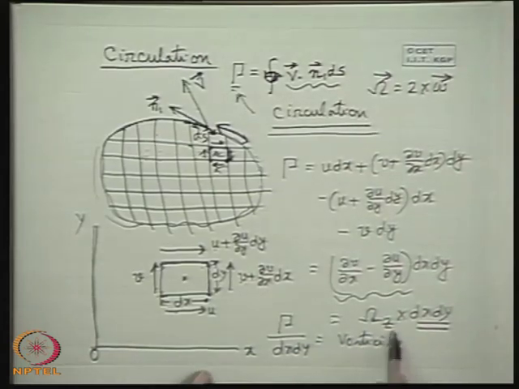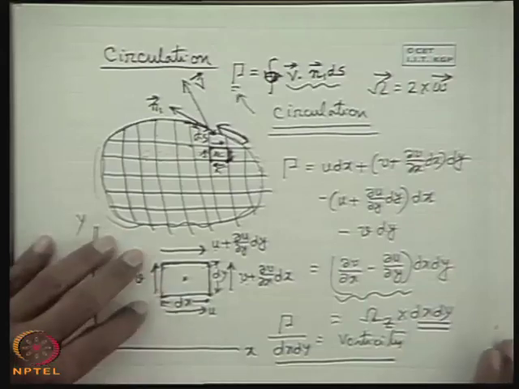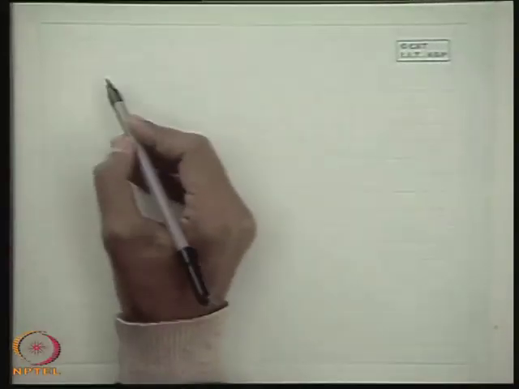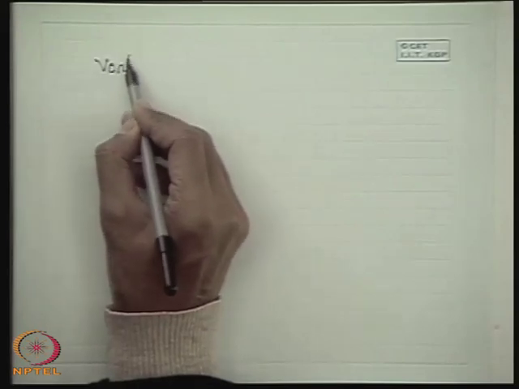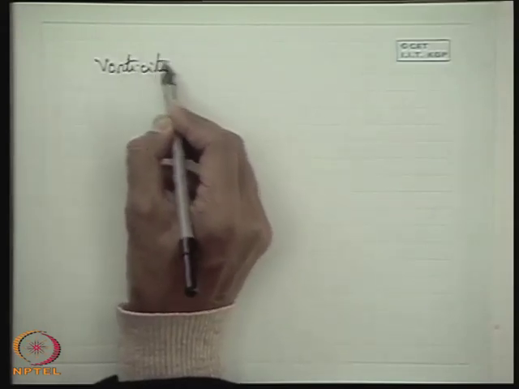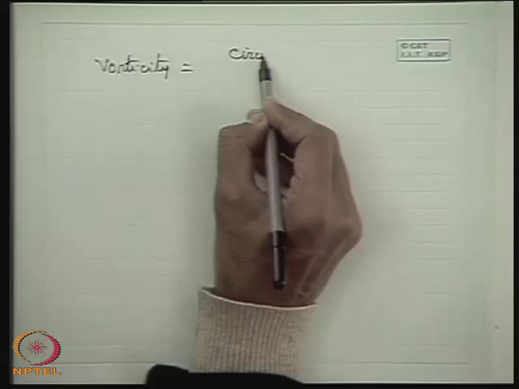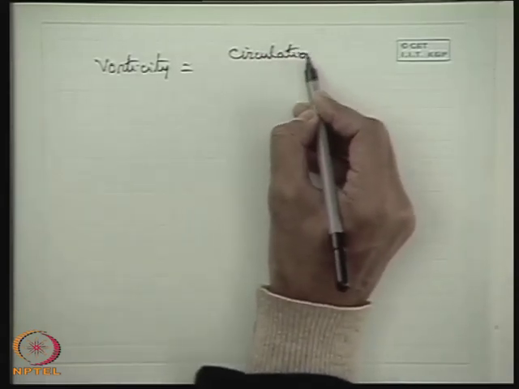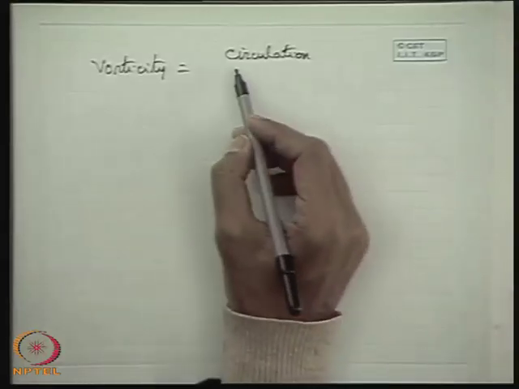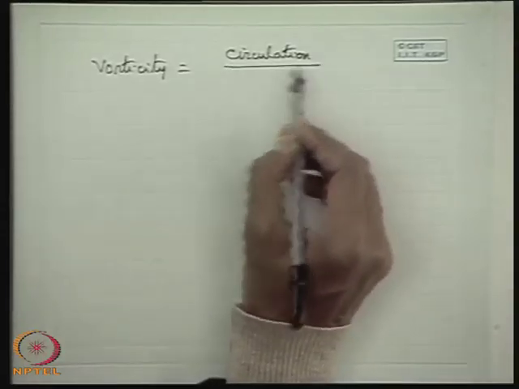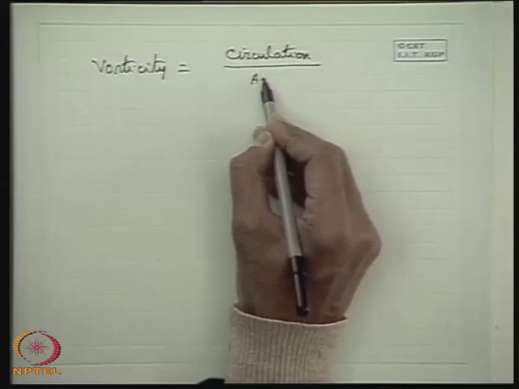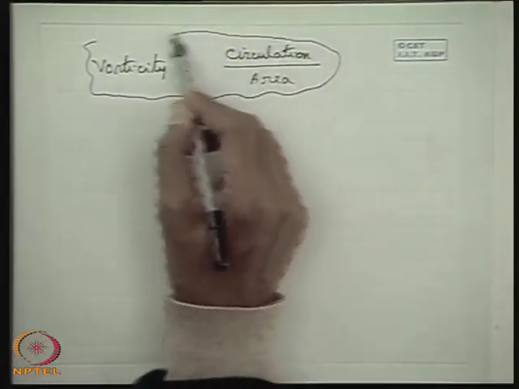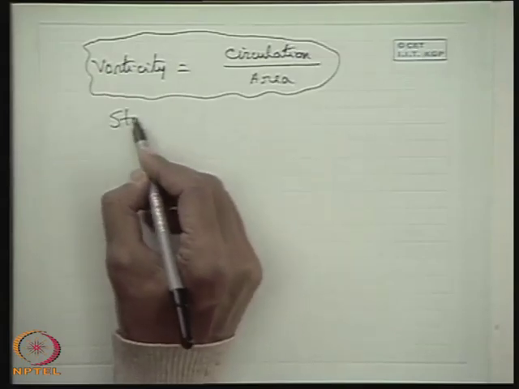Alright, this is vorticity. This is a very important theorem: over a closed circuit or loop in a flow field of an ideal flow, that is inviscid, incompressible and irrotational flow, vorticity is circulation divided by area. This can be expressed in a general way by the application of Stokes theorem.